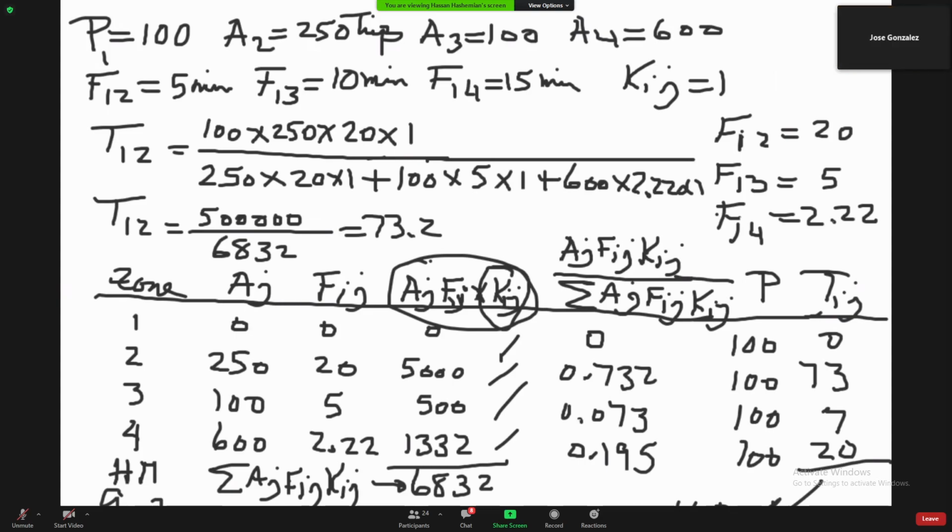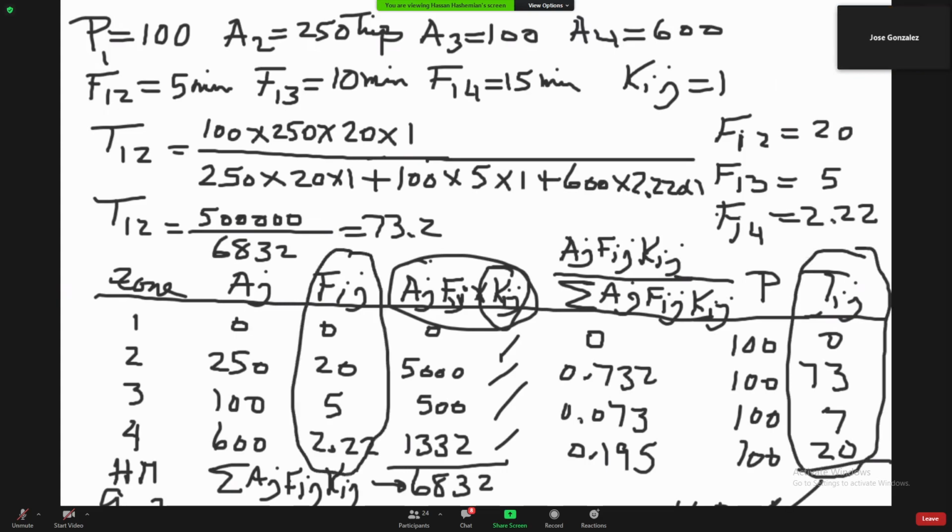Professor, how do we solve for Fij again? No, you're solving it for Tij. But how do we get a Fij? Fij is given to you. Well, you solved for it earlier. I just want to know how you solved for it. If you remember, I said the Fij is equal to 1 over Tij to the power of n, correct?